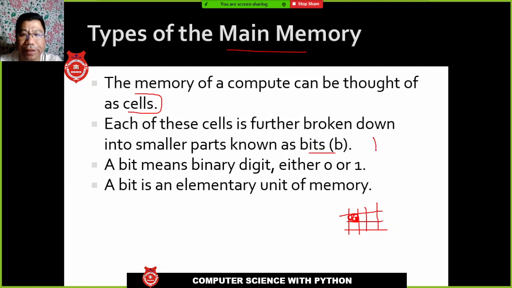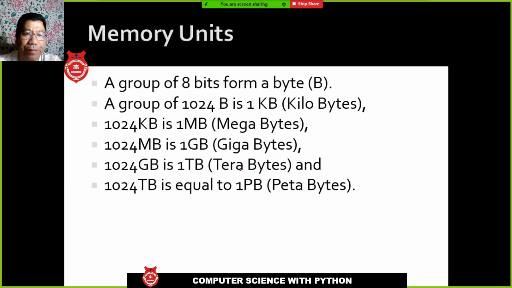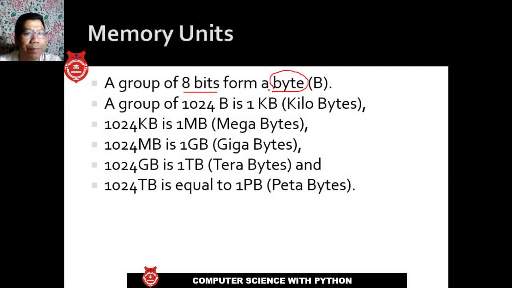When we say bit, it is the short form of binary digit, and the bit may be 0 or 1. A bit is the elementary unit of computer memory. Computer memory is measured in terms of 0 and 1, which is known as a bit, and 8 bits will become 1 byte. Please try to know this. Many multiple choice questions can be asked from this. A group of 8 bits forms 1 byte.